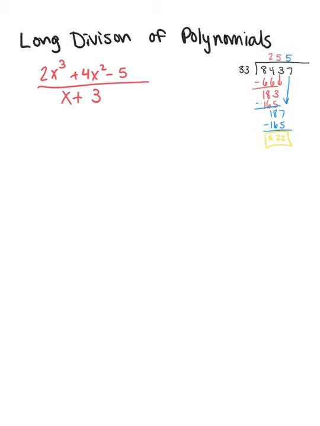So I need to make sure I represent that missing term with something. So I'm going to have 2x cubed plus 4x squared plus 0x minus 5. Because again, every term has to be represented. On the outside, I'm going to have x plus 3.